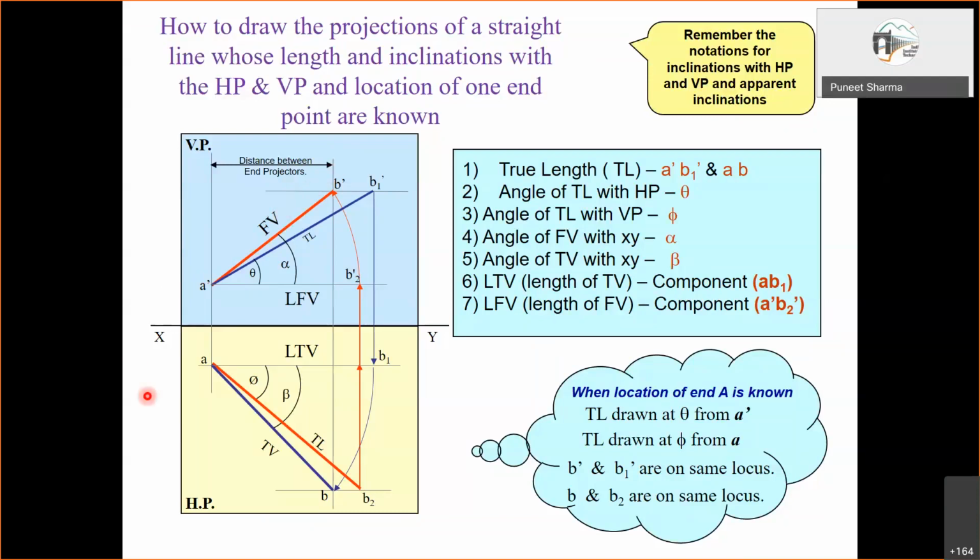Likewise, when we bring this AB1 to this location, again we merge both the conditions and obtain the final top view. The explanation goes the same way.